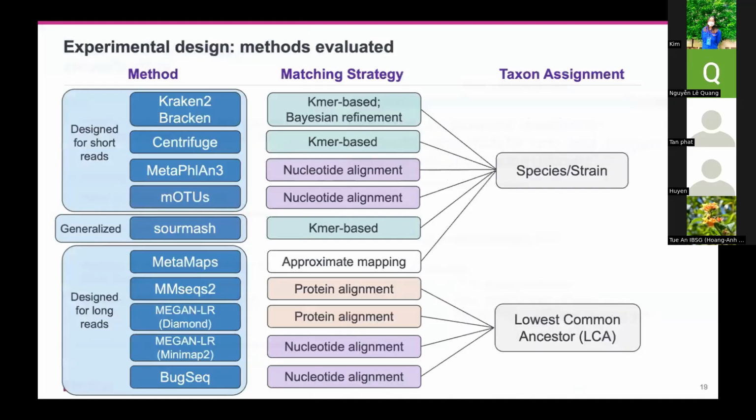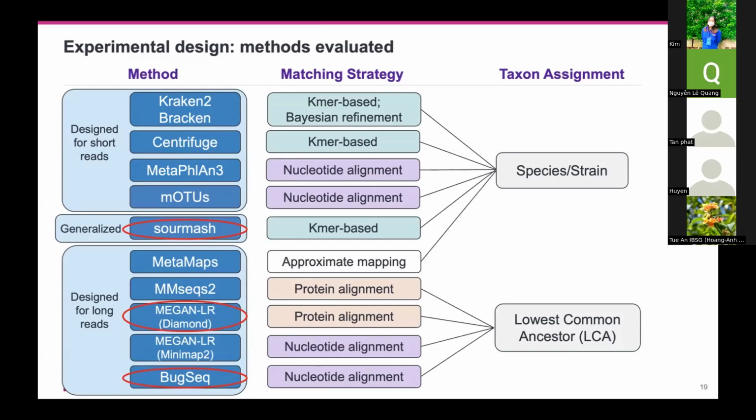Here I'm showing you the 11 methods we tested, and we were able to identify 3 top performing methods, including Sourmash, DIAMOND and MEGAN-LR, as well as BugSeq. There are still some differences between these methods. For example, Sourmash is k-mer based, whereas DIAMOND and MEGAN-LR are based on protein alignments, and BugSeq is based on nucleotide alignments.